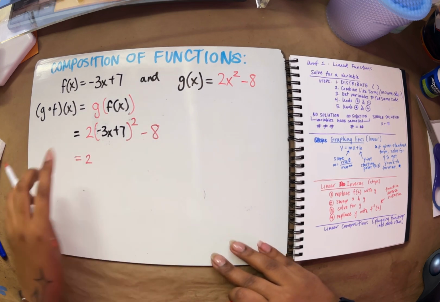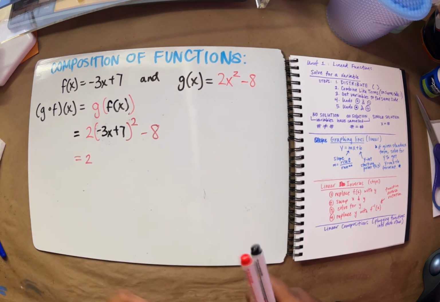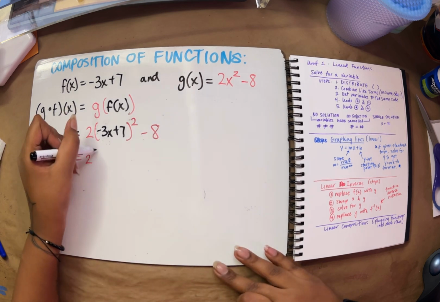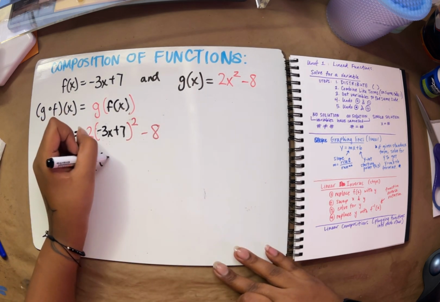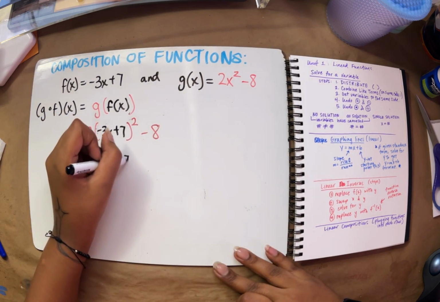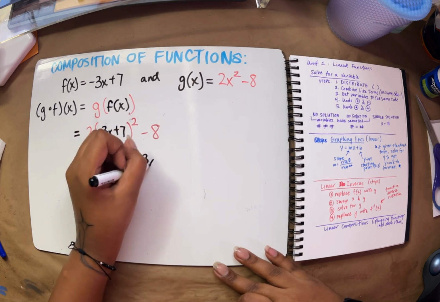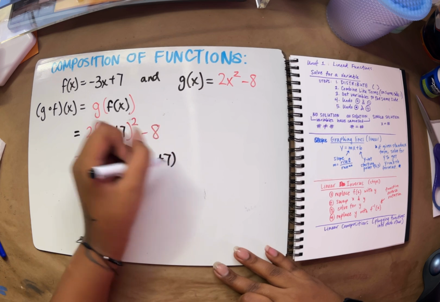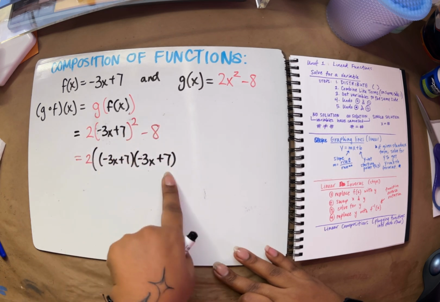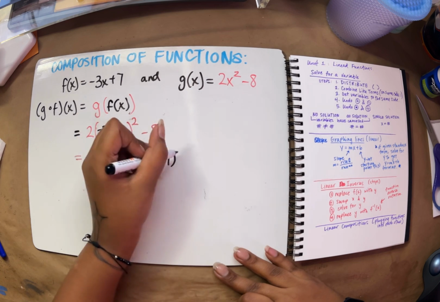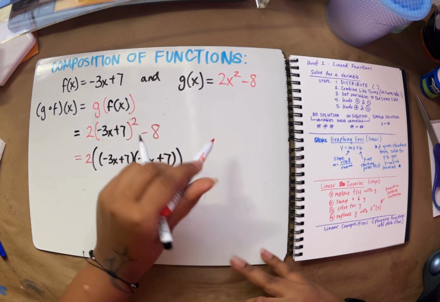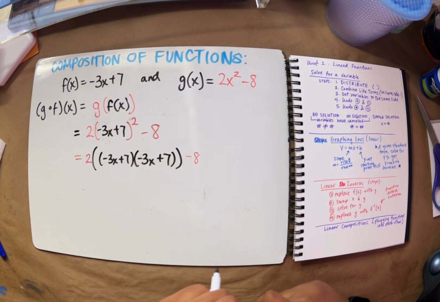I'm going to expand this. I have to expand this. So I have 2 times, so inside parentheses is happening negative 3x plus 7 times negative 3x plus 7. Because that's what my squared is doing. Squaring it means that I am expanding this. And then still on the outside is minus 8.